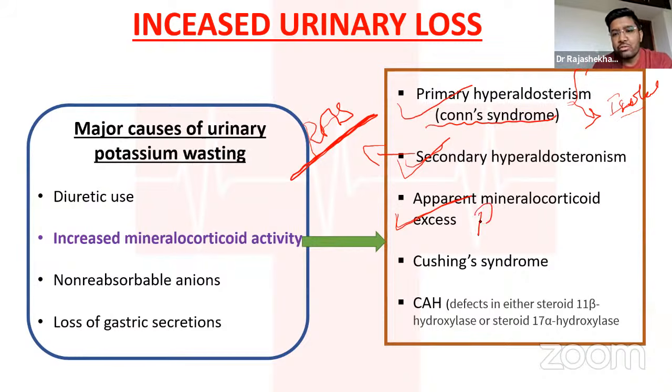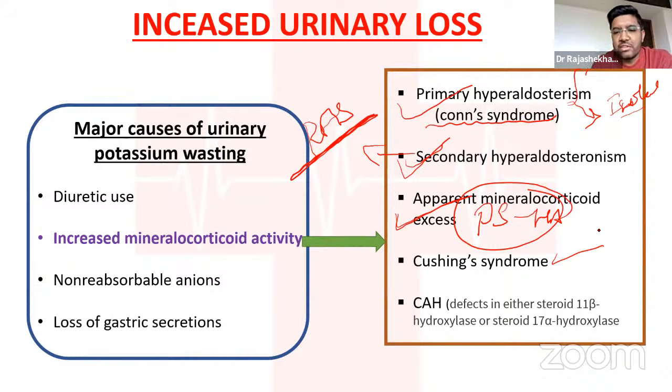That's why this condition is also called pseudo hyperaldosteronism. Then Cushing syndrome. In Cushing syndrome, there is overwhelming secretion of cortisol, even though the 11 beta hydroxysteroid dehydrogenase enzyme is present. The overwhelming cortisol is going to act through the mineralocorticoid receptor, causing this.